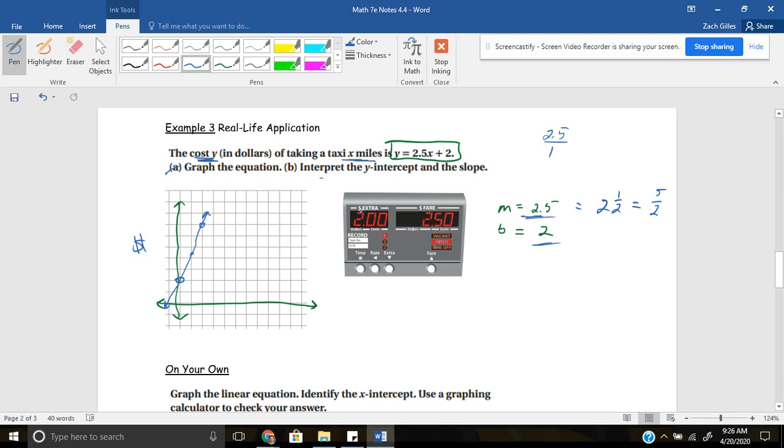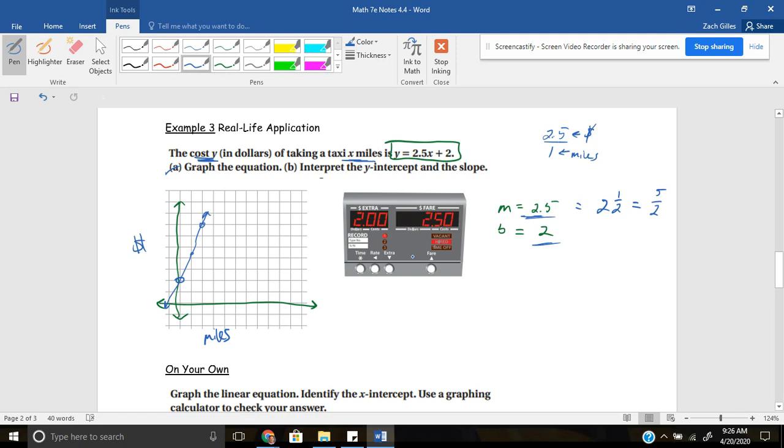And our x, we're talking about miles. What does it mean if we go up 2.5 and over 1? Well, remember our x, our run, stands for miles, and this stands for money. So that means for every 1 mile you go, it's going to cost you $2.50.